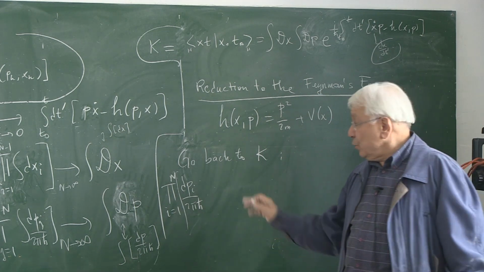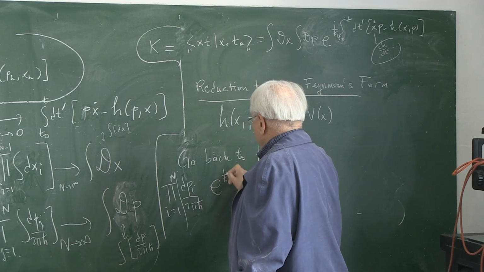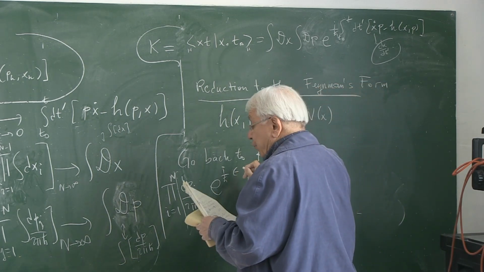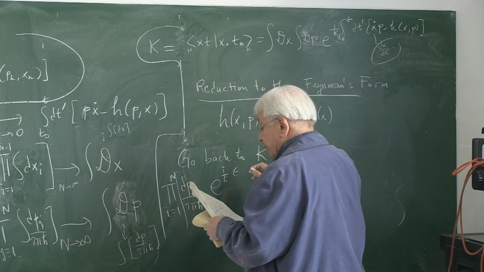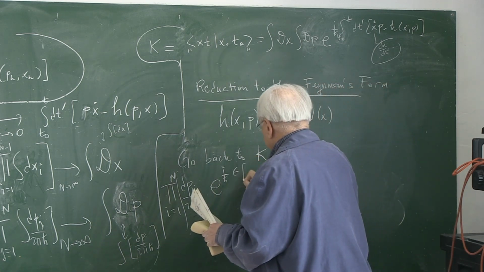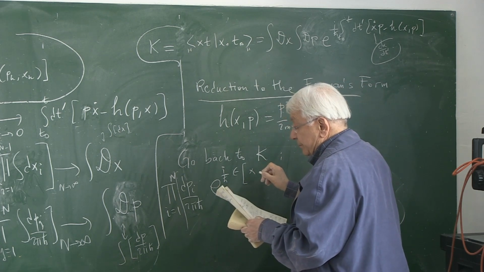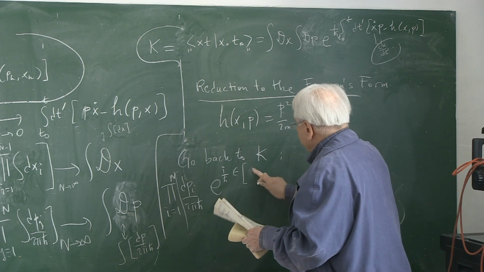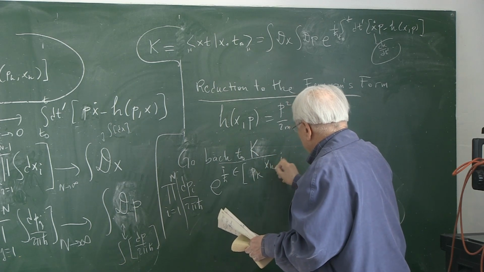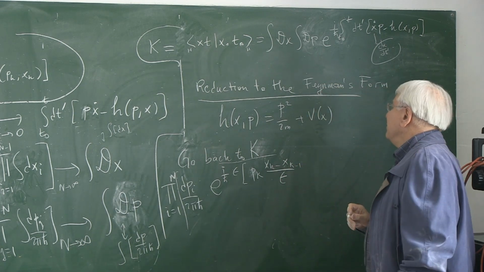There are that many integrals with those measures, times e to the i over h bar epsilon, I'm unfolding everything, times pk, xk minus xk minus 1 divided by epsilon, correct?